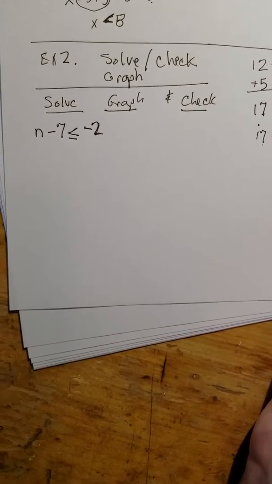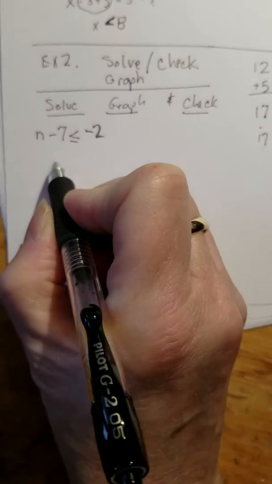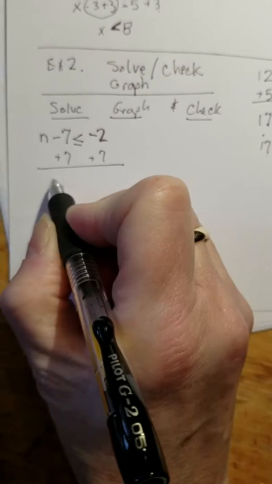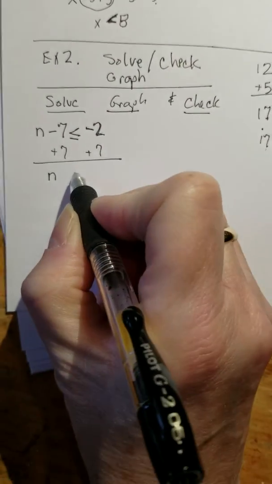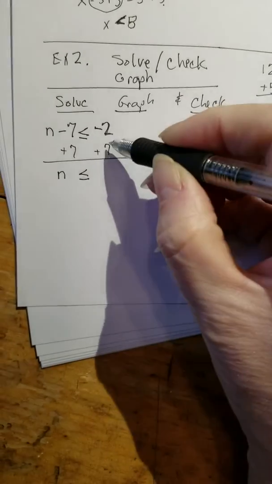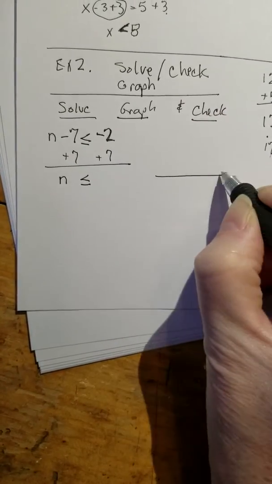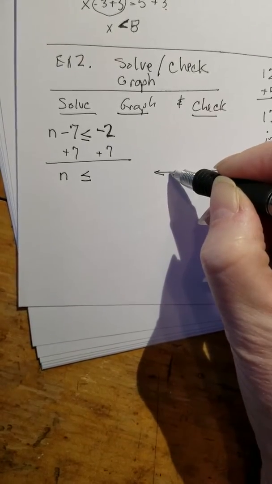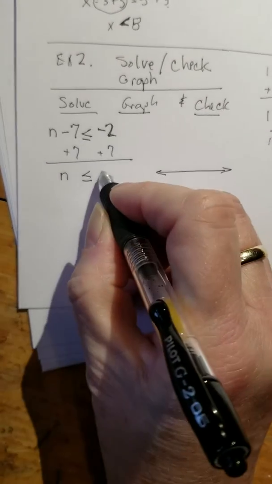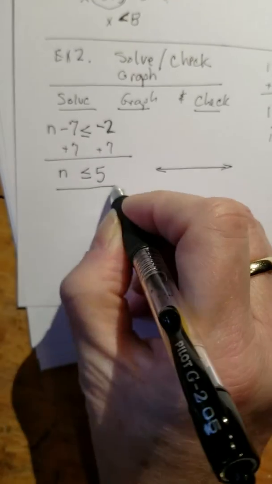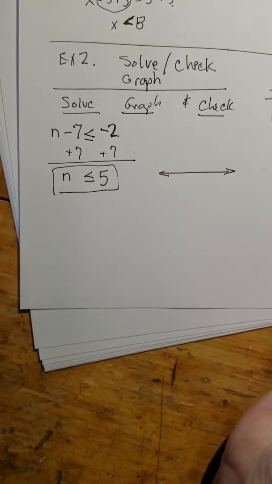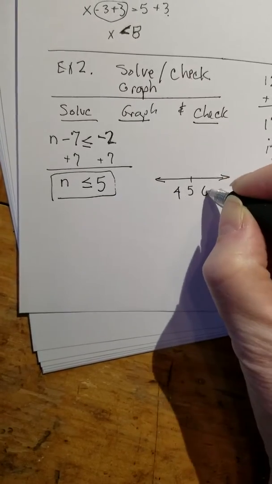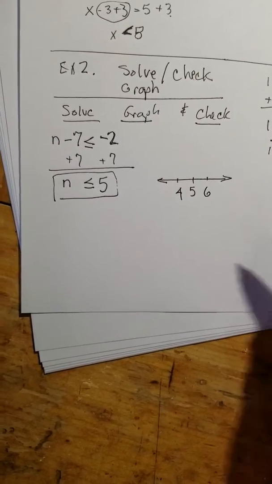Okay, so you solved it. What did you get? I'm going to add 7. We have n plus 0 is less than or equal to, here again, I'm going to do a little graph because we're going to need it in a minute. If I start with negative 2 and I go up 7, I'm going to get to a positive 5. So this would be my answer. See, I make it distinguished. Now I have 4, 5, 6 is my graph.